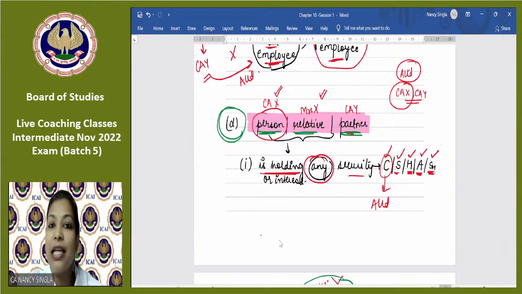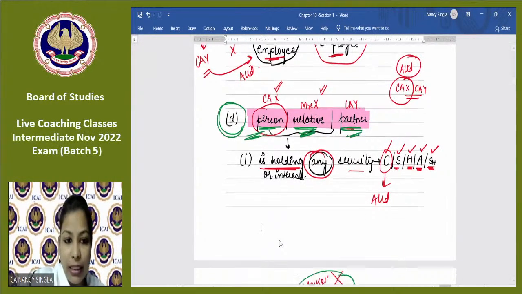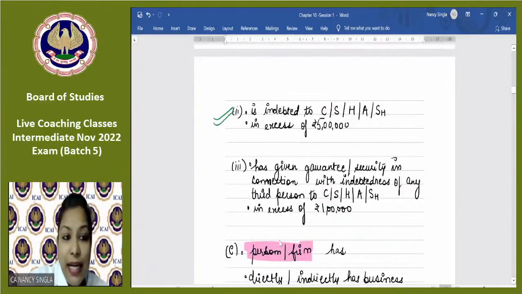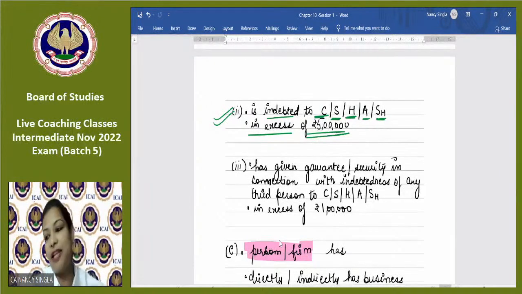So what we are saying that a person is ineligible if the person himself or the relative or the partner is indebted to the company, the subsidiary, the holding, the associate or subsidiary of the holding in excess of rupees 5 lakhs.